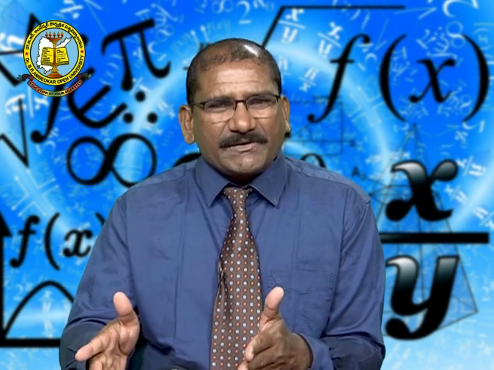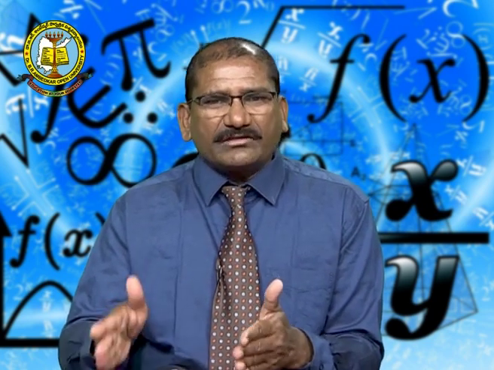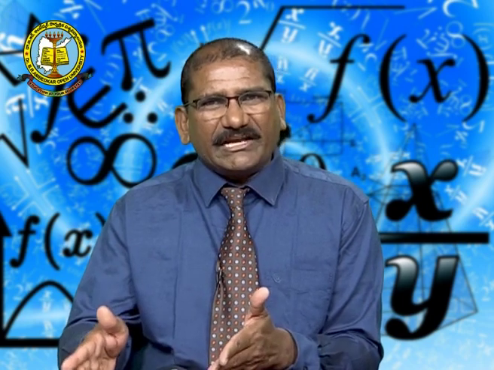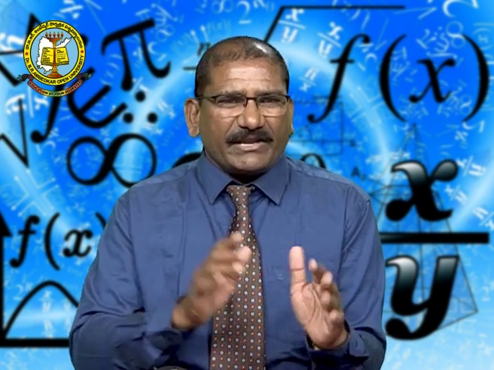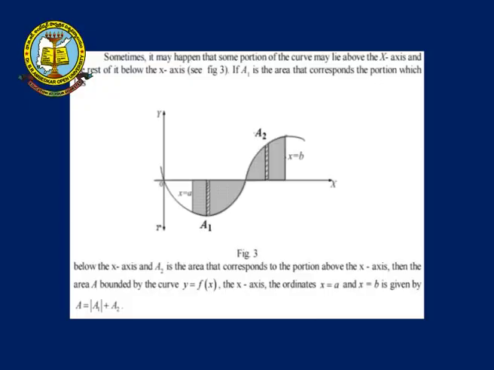Whichever area is positive, where y equal to f of x is greater than or equal to 0, we directly find the area over that interval, and we can obtain the total area A equal to mod A1 plus A2. Here the curve in the figure goes up and down: up means it is a positive function and down means it is a negative function. The function goes from negative to positive.